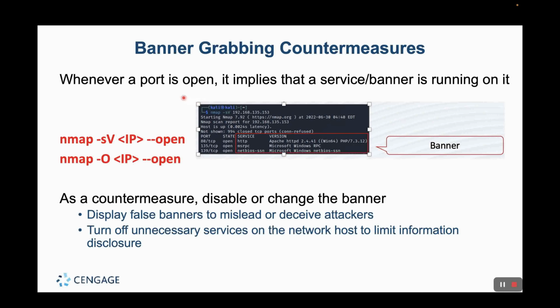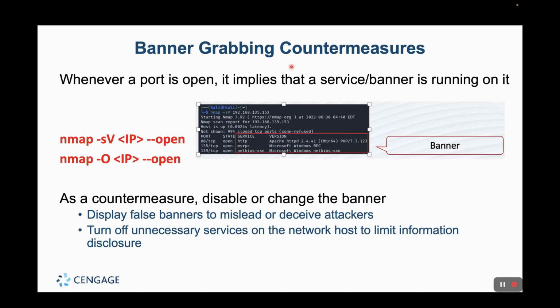Now, let me talk about banner grabbing and, basically, what is banner grabbing, before we also talk about the countermeasures. Banner grabbing is an enumeration technique used to collect information about the computer system on a network and services running on specific open ports.